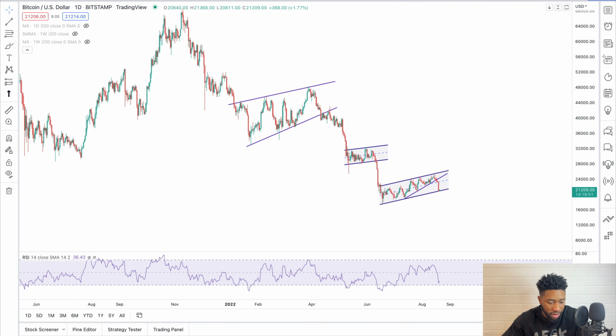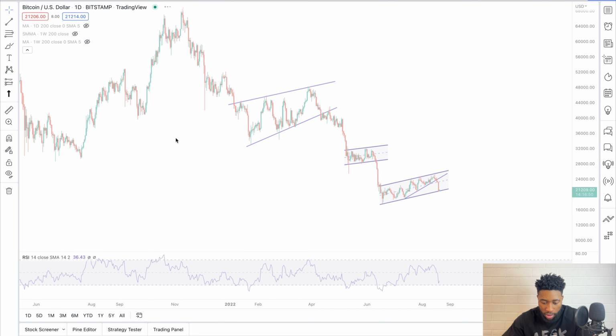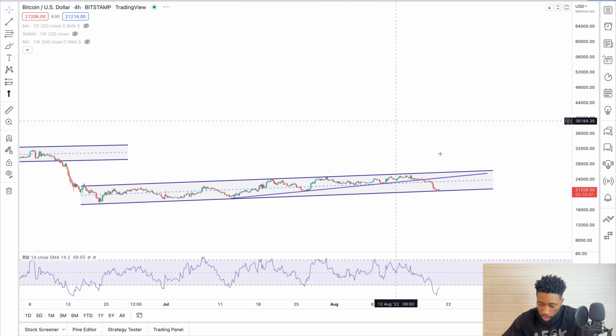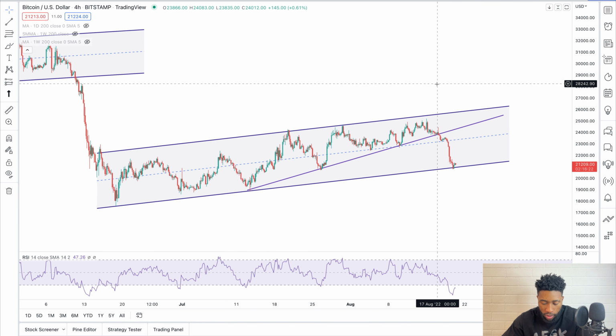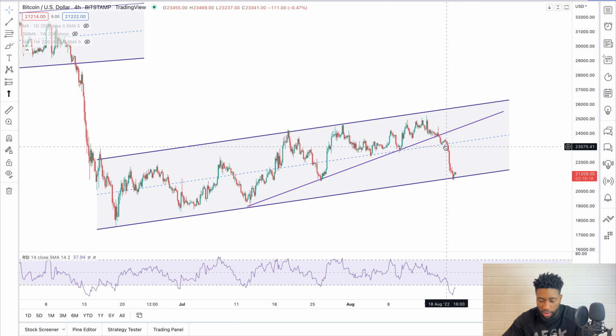So going back to the lower time frame, this is a 4-hour chart. What we can see is that within this channel we had this massive breakout last week with this bearish move, and we are currently sitting at the bottom of the channel.